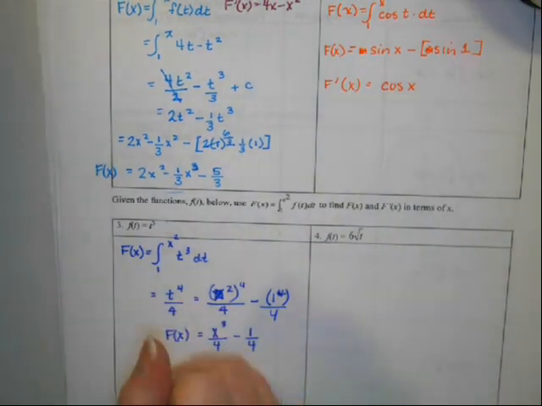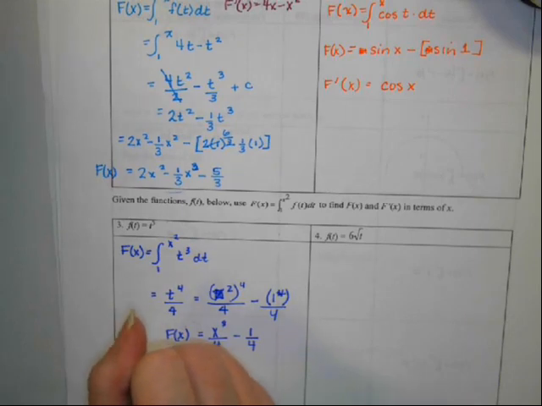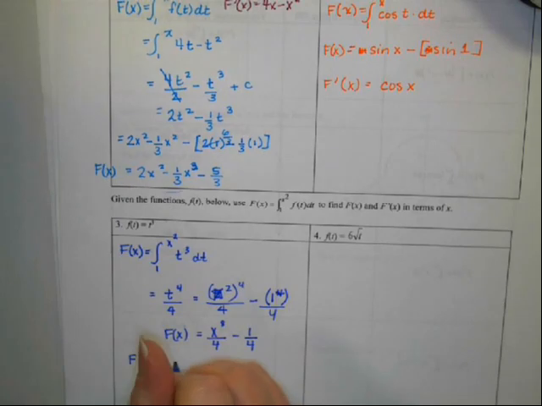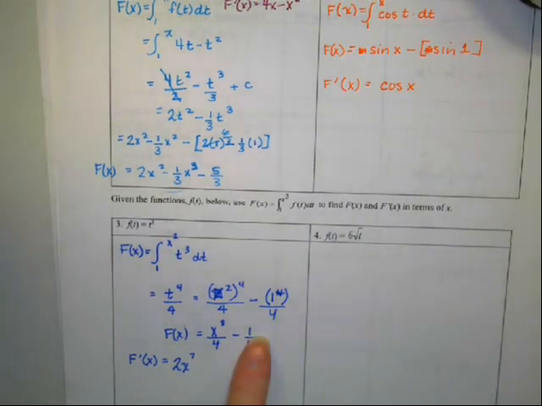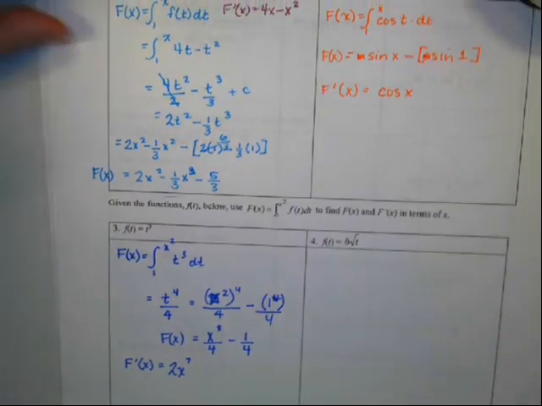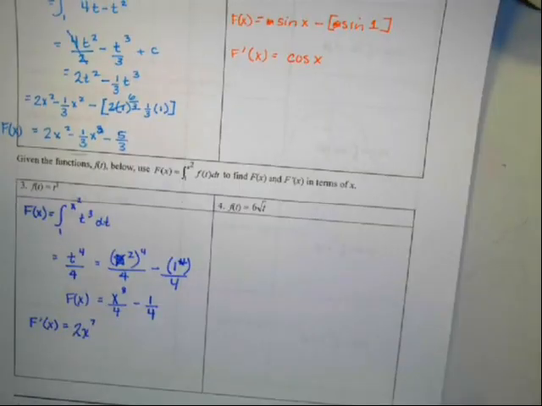Now let's find our derivative. The derivative power rule, 8 gets multiplied, 8 and 4 simplify to 2x to the 7. And that would be, that's constant, so it's 0.